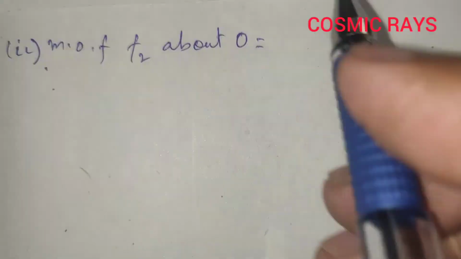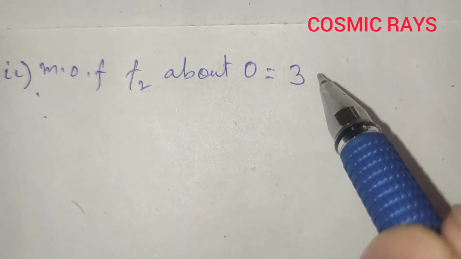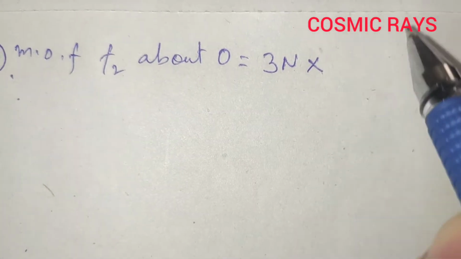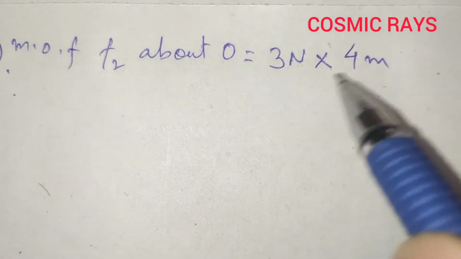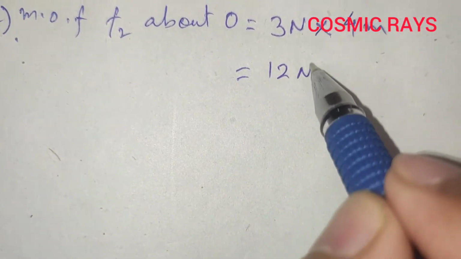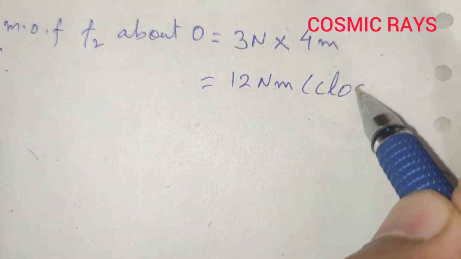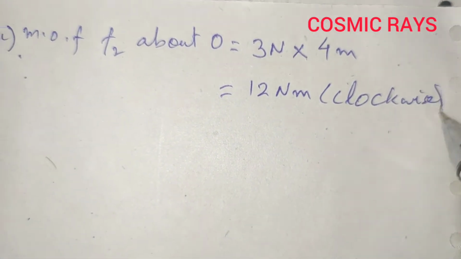Now force is 3 Newton. So we write 3 Newton multiplied by the distance, which is 4 meter. So this will be 12 Newton meter, and here it will be in clockwise direction.